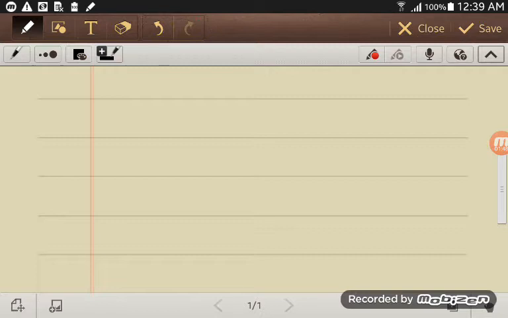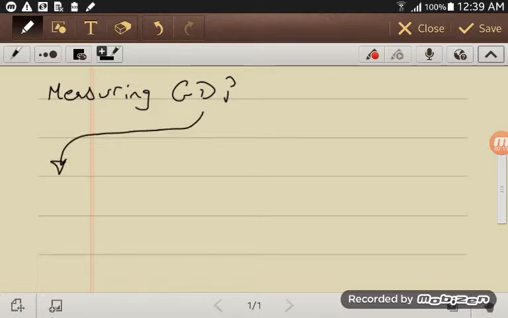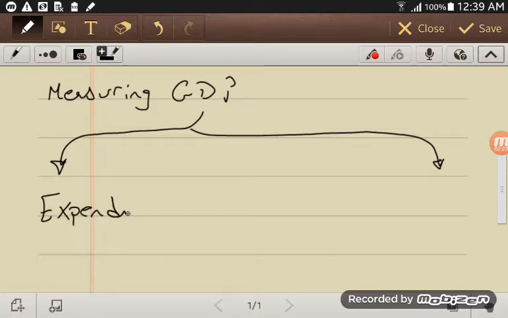Then we talked about measuring GDP, and as we said, there are two different approaches for measuring GDP. Expenditure approach and income approach.